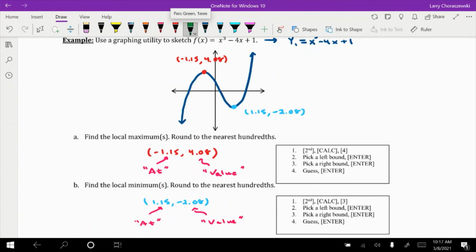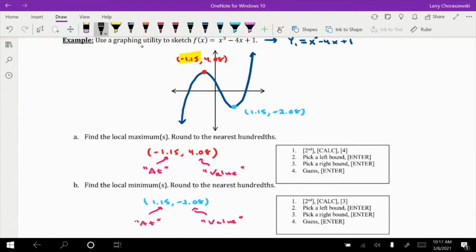Now we have a couple more parts. We want to know where the function is increasing and where it's decreasing. What's going to be helpful for us in this regard is making tick marks on the x-axis where we have these high and low points. For example, our local maximum has an x-coordinate of negative 1.15.